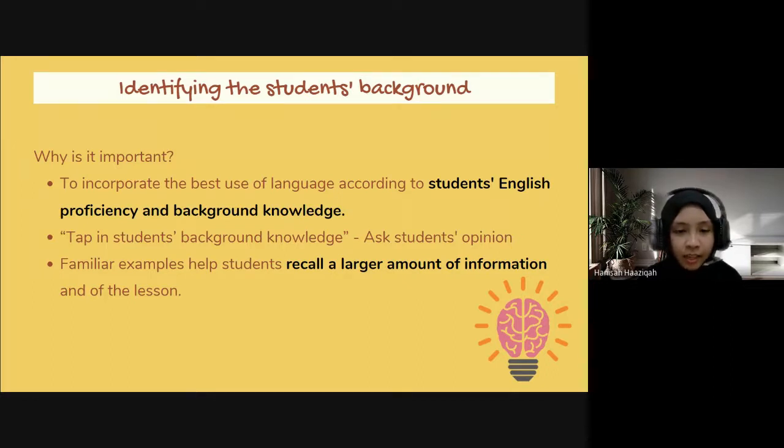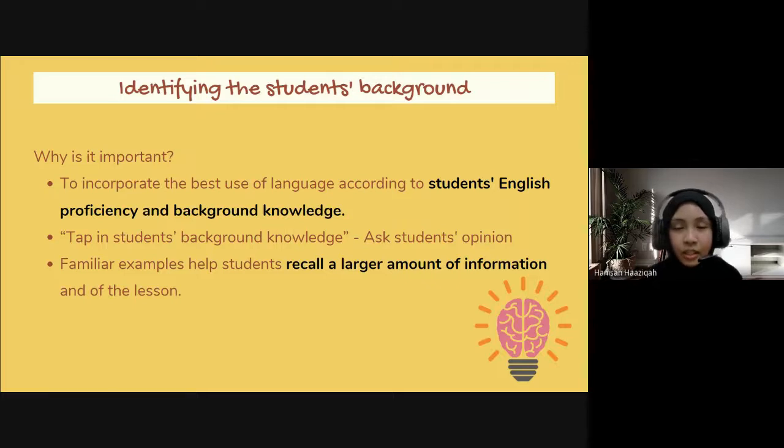There's one quote: tap into students' background. It is important for a teacher to tap into students' background knowledge, or in other words, schemata, so that students can relate to the lesson the teacher is conveying to a higher degree. To do this, the teacher could ask for the students' opinion when conveying a lesson, for example, what do you think about this topic?